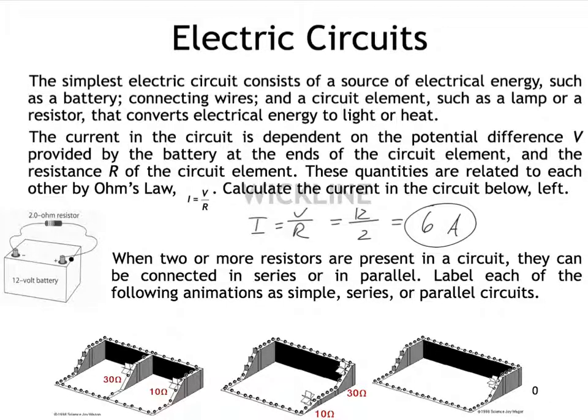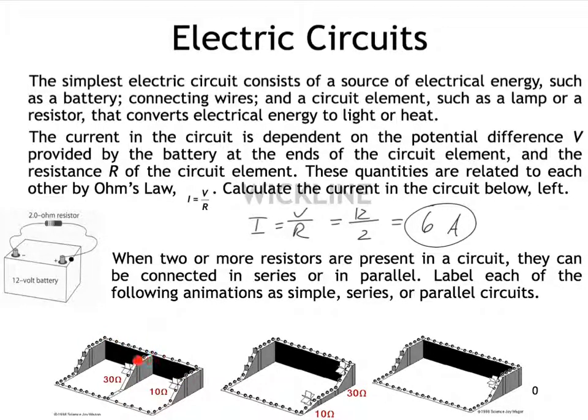So down here at the bottom I have 3 different versions of circuits, and these are animated. I can show you in class, but even as still images they have some value. So we're going to label these with their different types. This one is going to be considered a parallel circuit, and the reason is because the little electrons that are flowing are able to flow along multiple pathways, and those 2 pathways are parallel to each other.